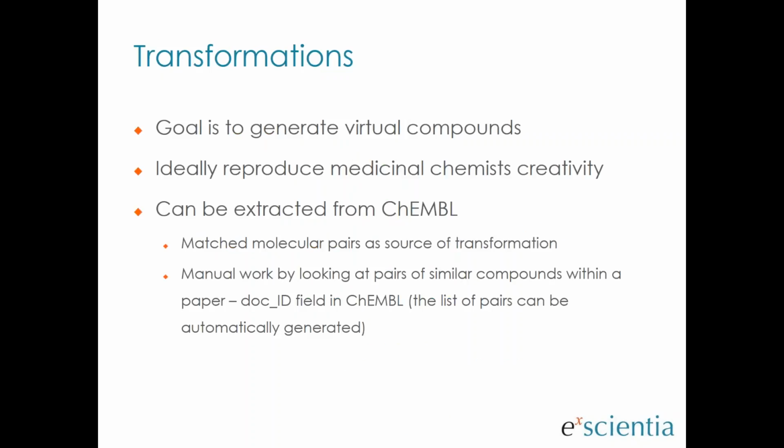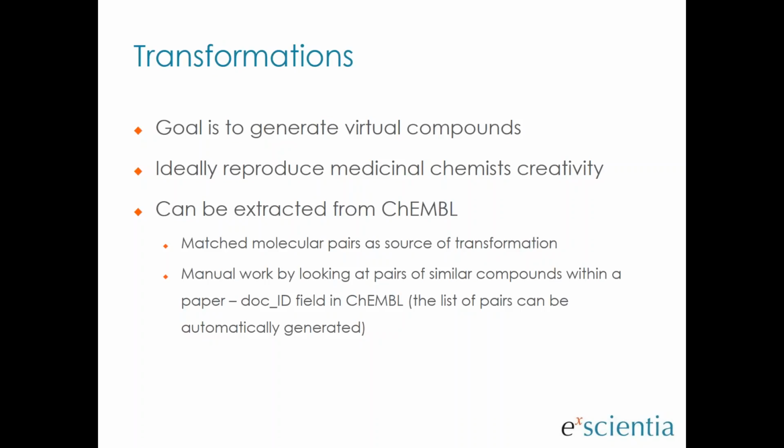So first we need some transformations, how to modify a compound with a computer. We try to reproduce what a medicinal chemist would do. The idea at the end is to make a compound, so we don't want something too crazy. And how to extract them from ChEMBL, the source will be matched molecular pairs.